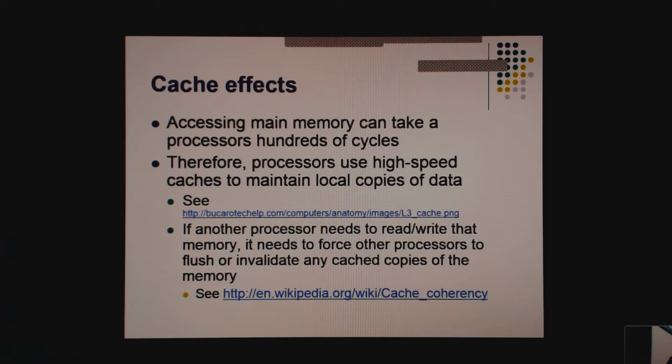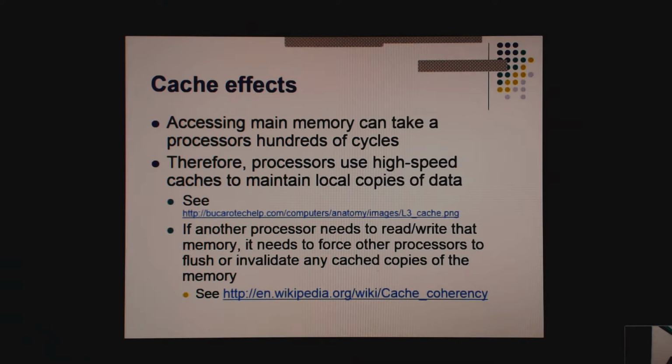So there's another interesting aspect to memory in C++, and actually in any language, that it's important to understand if you're working with memory. This is understanding the effects of caches on your program. As I mentioned earlier, accessing main memory can take a processor hundreds of cycles.